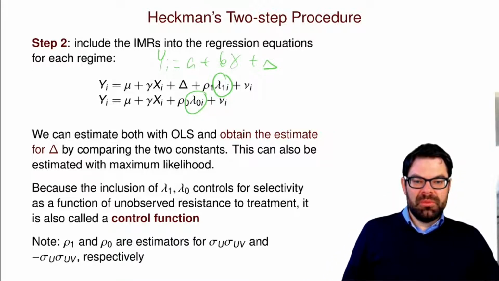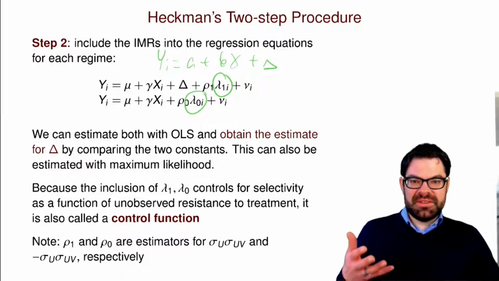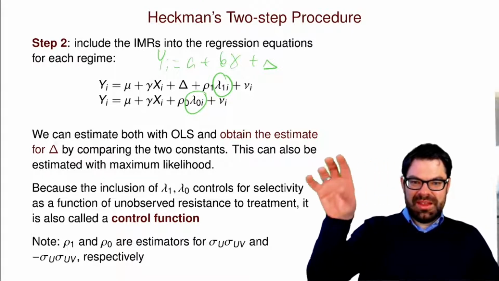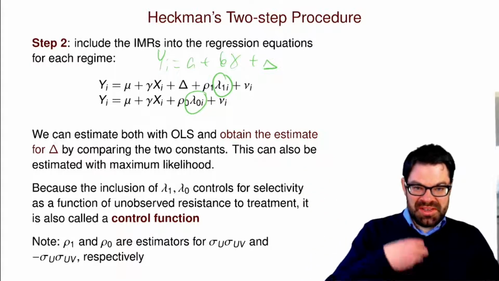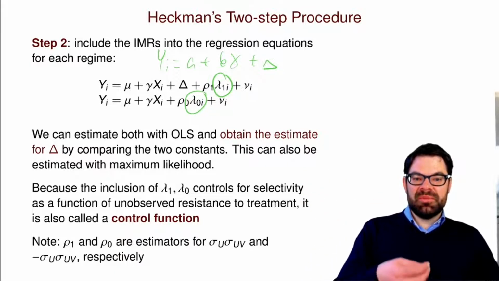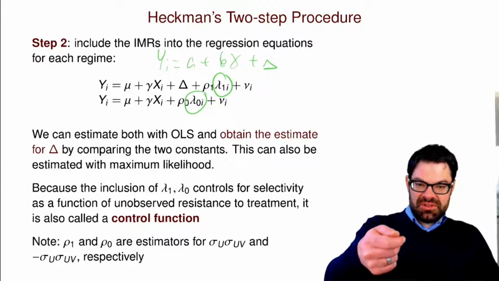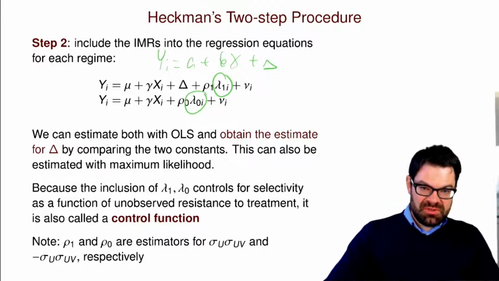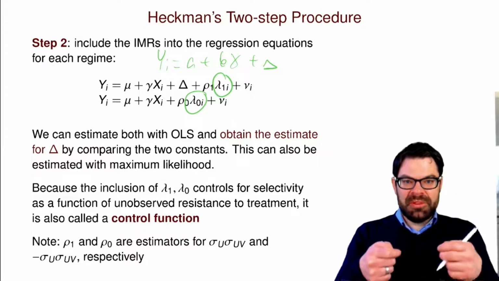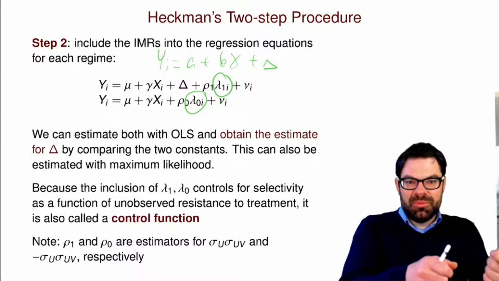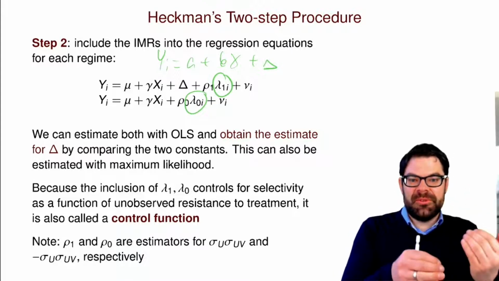So the way to think about this is that we purge from the outcome the selectivity. And by comparing those two states then, those who've chosen the treatment and those who did not choose the treatment, while accounting for the fact that those who have chosen the treatment would have had higher outcomes to begin with, we account for that difference.